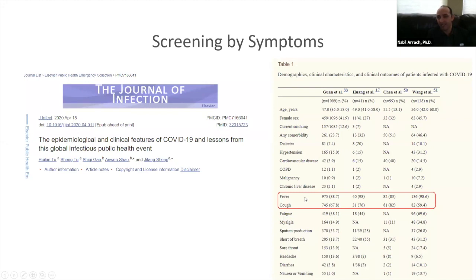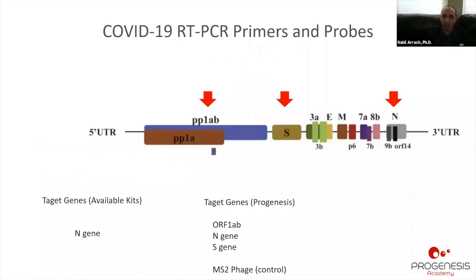What that means is that if you have a patient that you suspect has coronavirus, their fever is more likely to be high, right? 67% have cough. So you can still use symptoms. That's a good way of screening, but eventually you're going to have to rely on genetics to be able to have an accurate prediction and diagnosis.